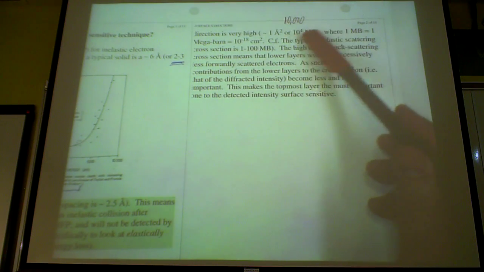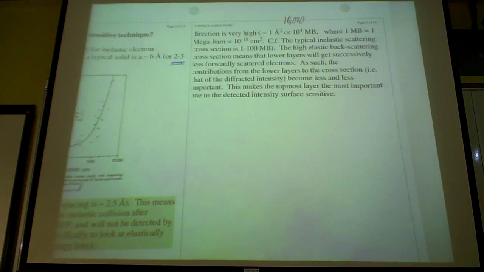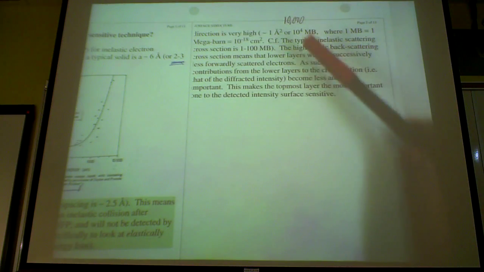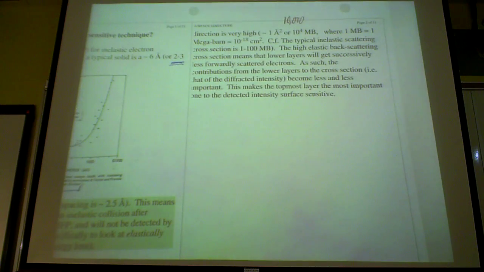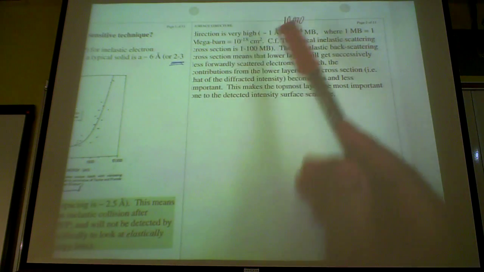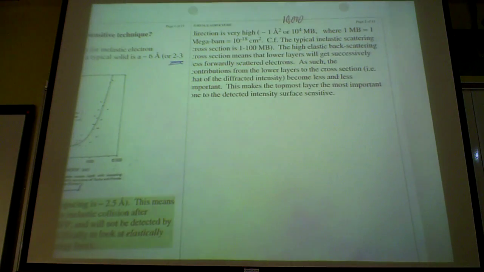This megabarn unit is directly taken from high energy physics, and 10,000 megabarn you can think of as 1 angstrom square. It's how much area you have in order to scatter your beam. The larger the area, the larger the cross section.